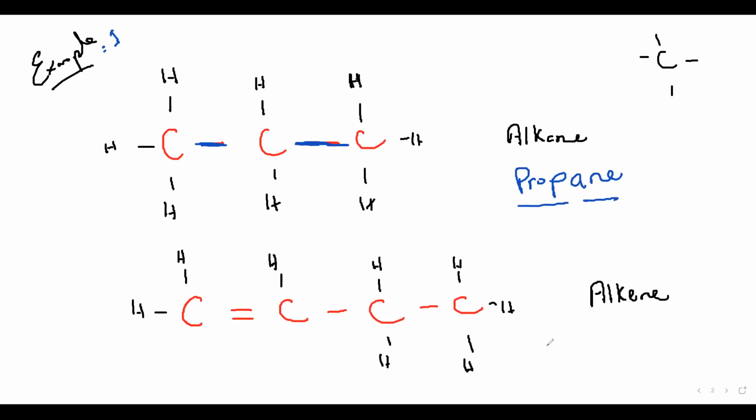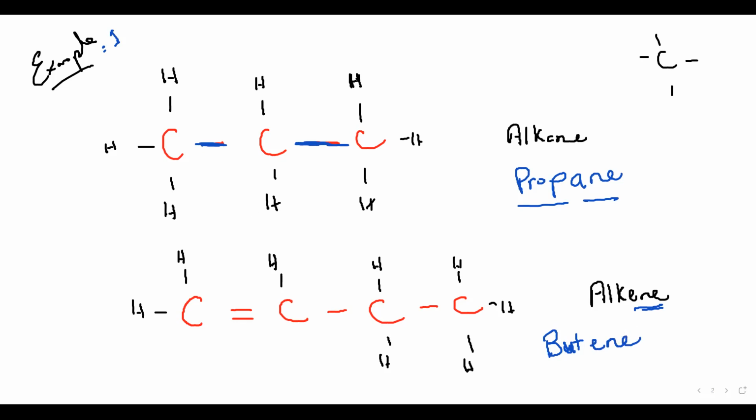So it will be but because of 4 carbon atoms. And what is the class of this hydrocarbon? It belongs to alkene. So if it belongs to alkene, the name should end at ene. So it is but because of 4 carbon, and it is ene because of the double bond.